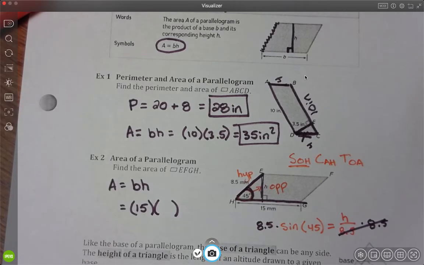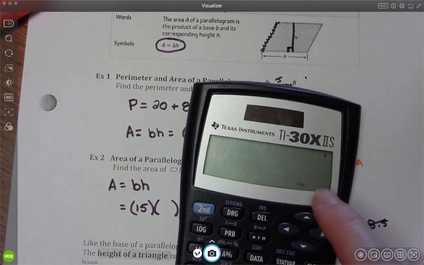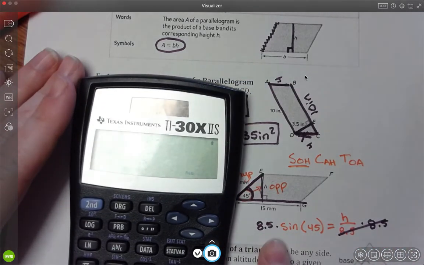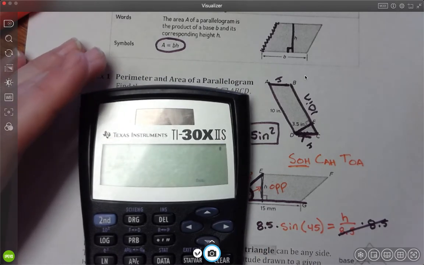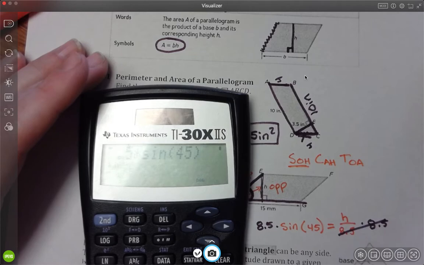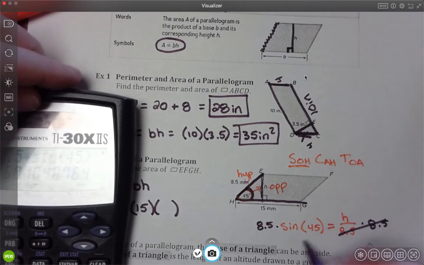You want to make sure that your calculator's in degrees. So if you're getting a different answer than me, it's probably because you're in radians. So I want to do 8.5 times sine 45. I got 6, so h is equal to 6.01.